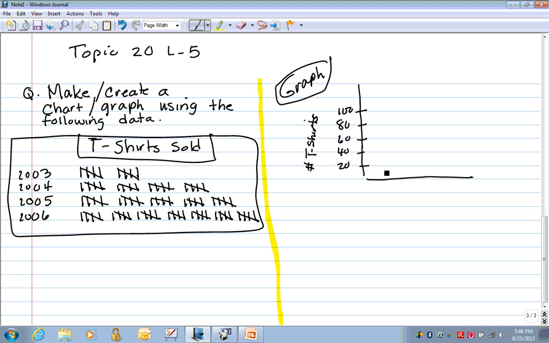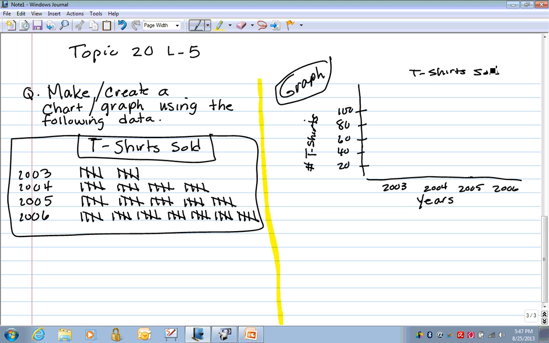Okay, and here we're going to write 2003, 2004, 2005, 2006, and this is the years. Okay, and the title of our graph is T-shirts sold.